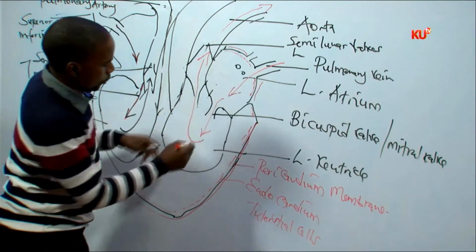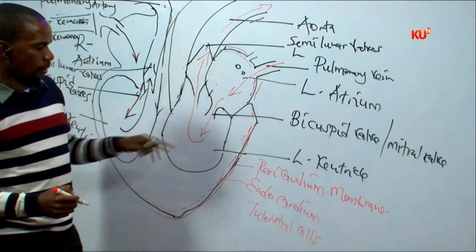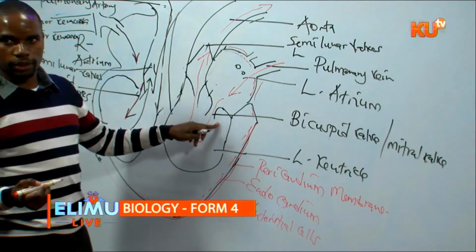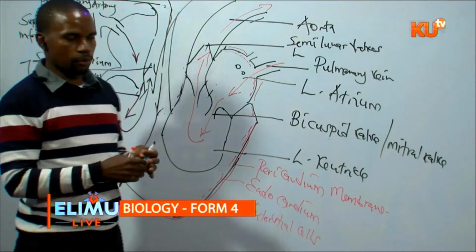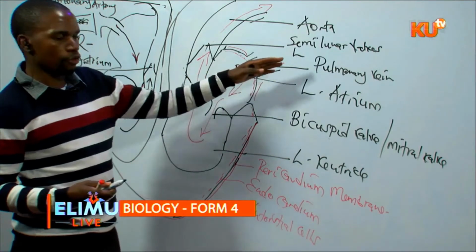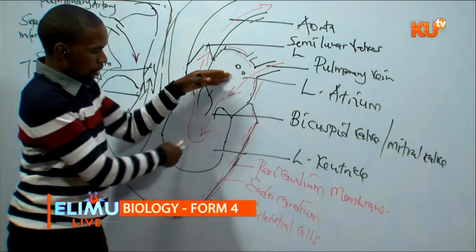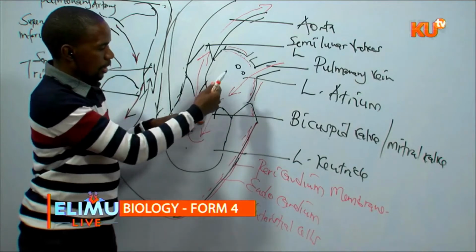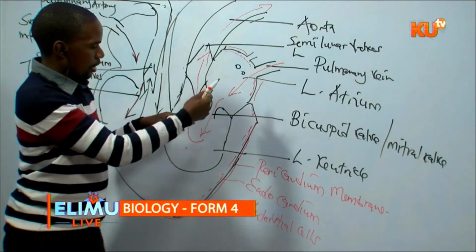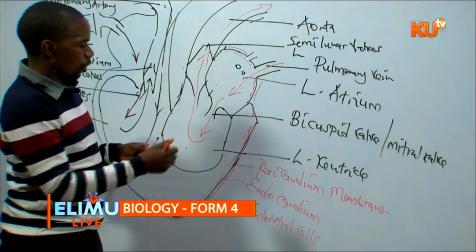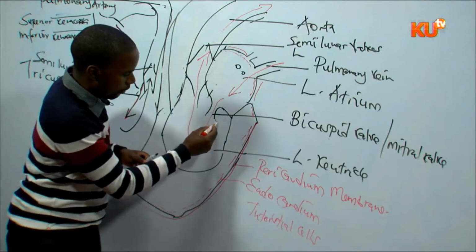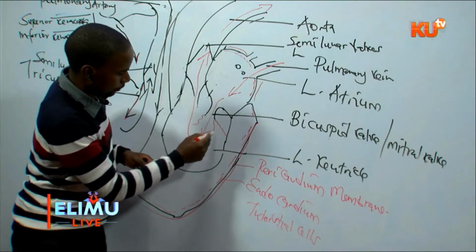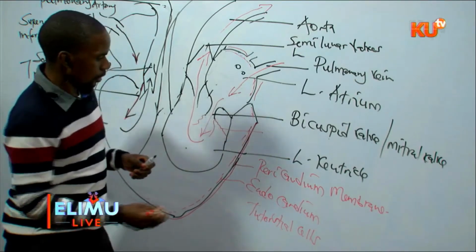At this region here, we have already talked about the valves. However, you may ask yourself, why is it that when blood is coming in, maybe from the lungs to the heart, these valves cannot turn inside out? So at this region here, we have what we call the tendons.